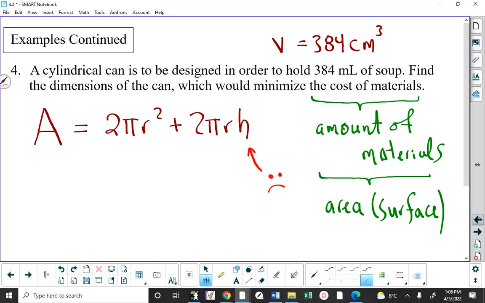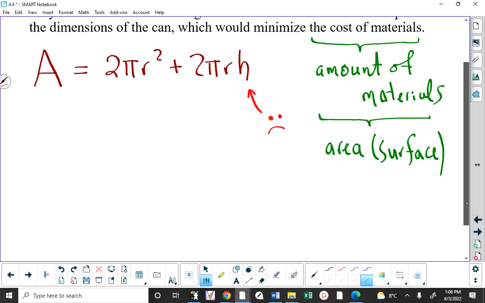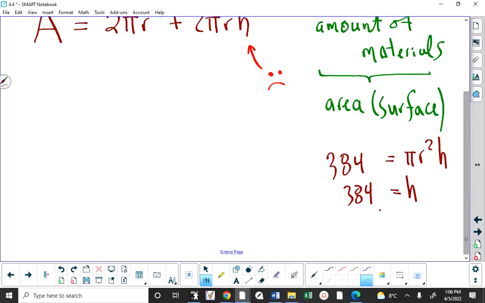Our equation of constraint will be 384 equals pi r squared h, because that's how you find the volume of a can. You take the area of the bottom and multiply by the height. And that formula as well is on your formula sheet. So if I rearrange that for h, I get h equals 384 over pi r squared.